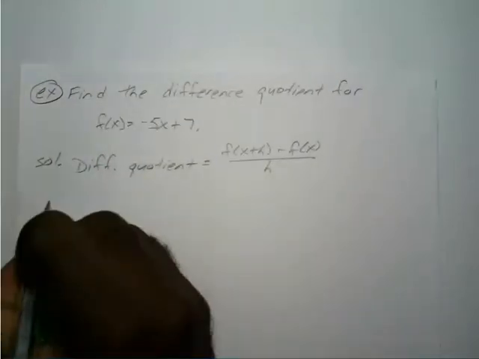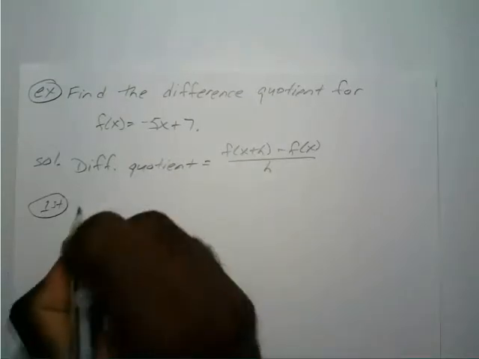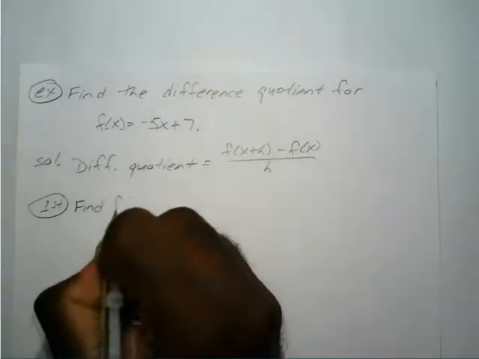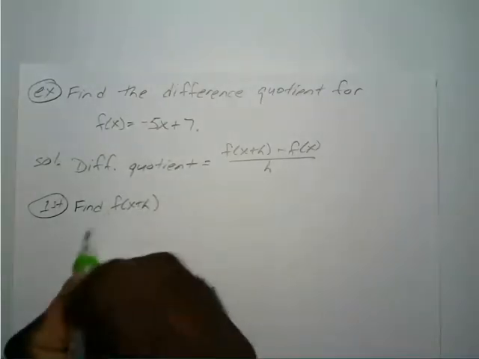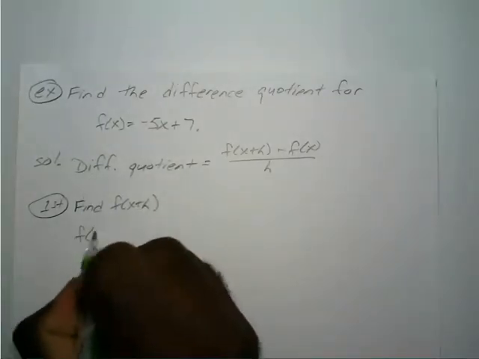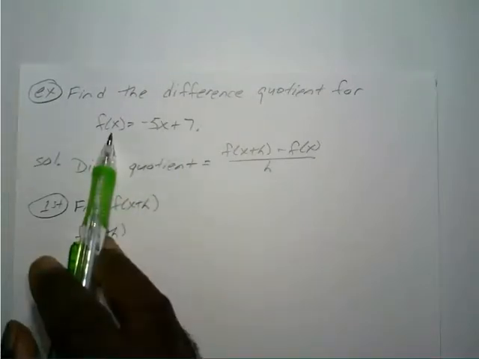The first thing we're going to do is find our f of x plus h. Since this is our f of x, we just replace every x with x plus h.